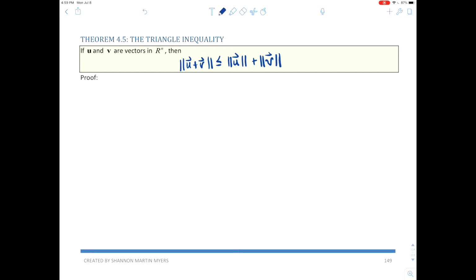So we'll use our Cauchy-Schwarz theorem in here. So now, what should we do? Let's start off with the magnitude of the sum u plus v squared. Right? And what do we know about that? We know that that equals the dot product of their sum, right?